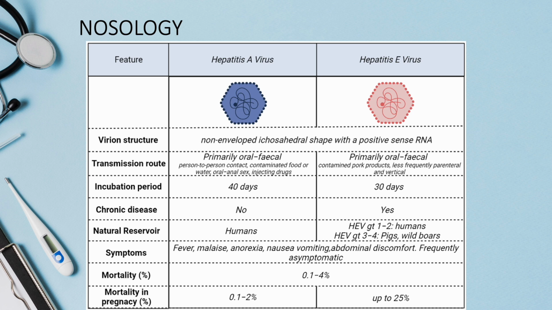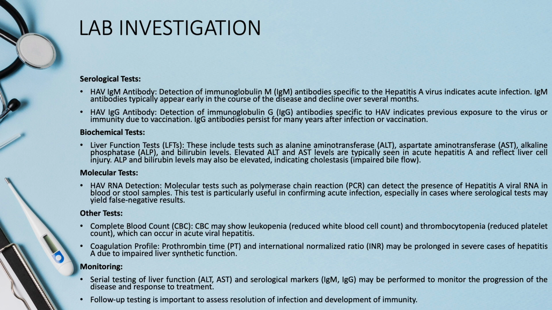If we are talking about hepatitis B, please pay attention. Family is Hepadnaviridae. The first one is Picornaviridae. And here family is Hepadnaviridae, and species is hepatitis B virus.